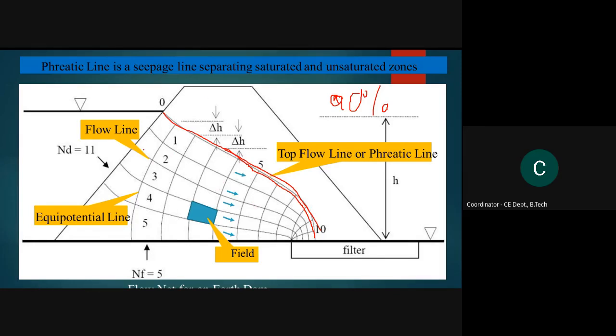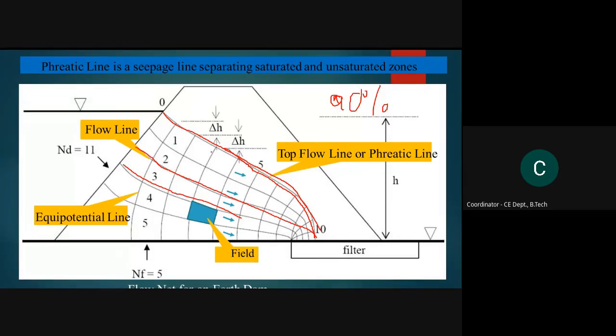These inclined flow lines are called flow lines or streamlines. These are all imaginary lines. These flow lines or streamlines resemble the seepage or leakage of water which may occur in this structure.